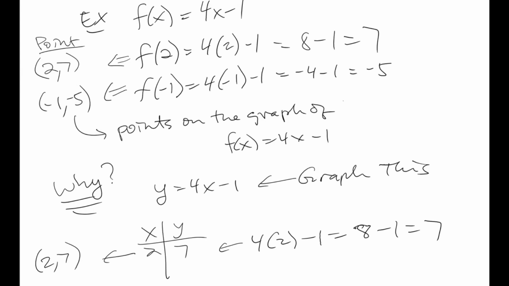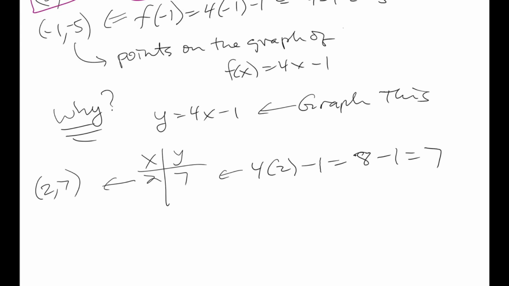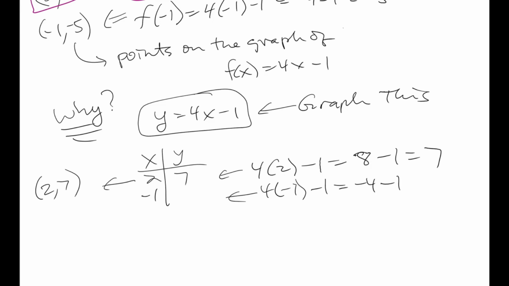So when you plug in f of 2 and you get 7, that means that (2, 7) is a point on the graph. Now let's go back. If I plugged in, let's say, negative 1, I do 4 times negative 1 minus 1 is negative 4 minus 1, which is negative 5.